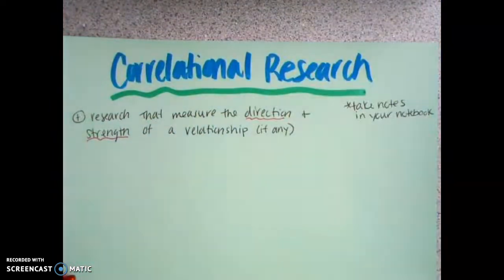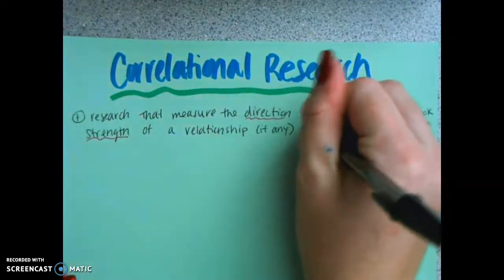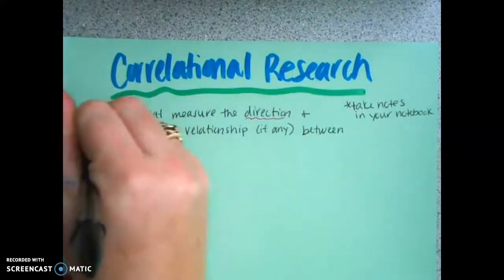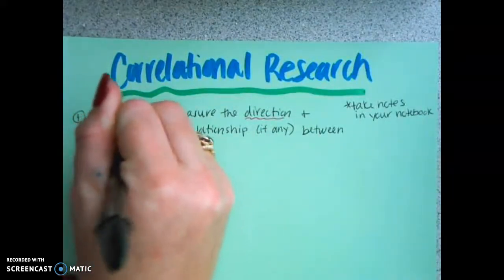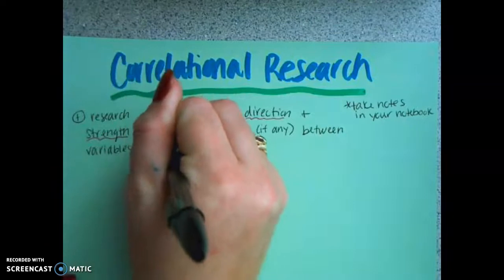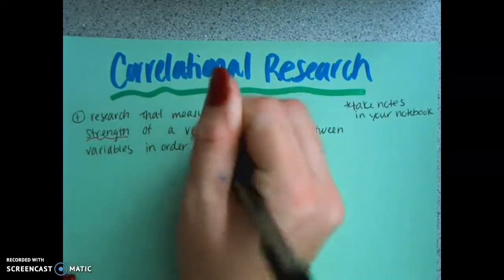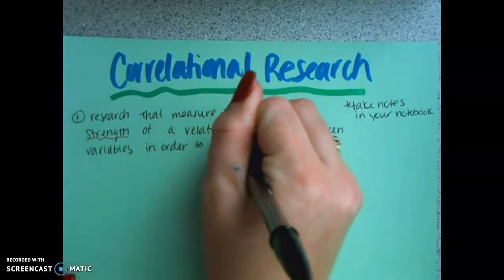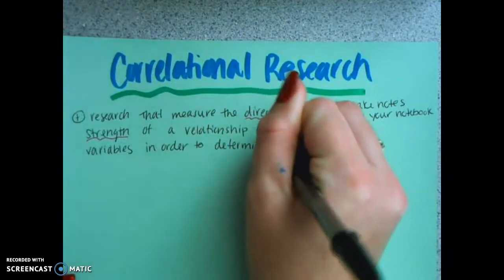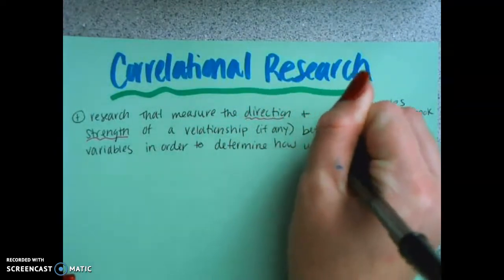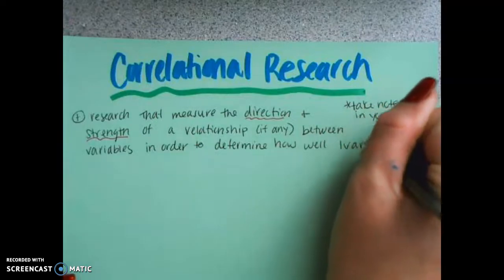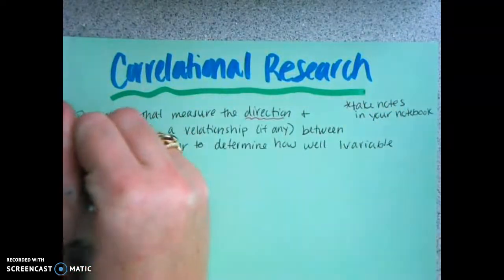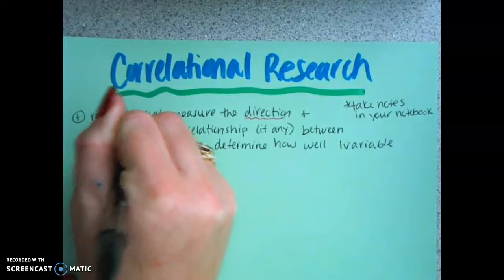So the direction and strength between variables in order to determine how well one variable predicts the other.